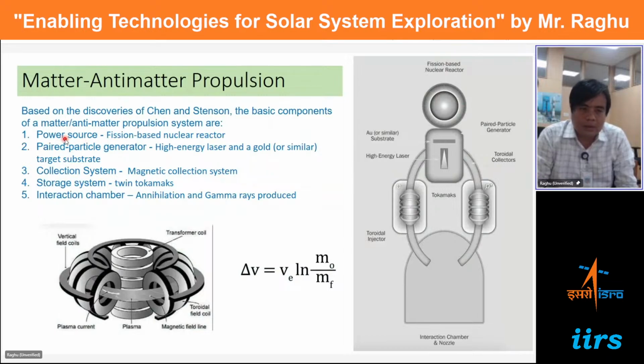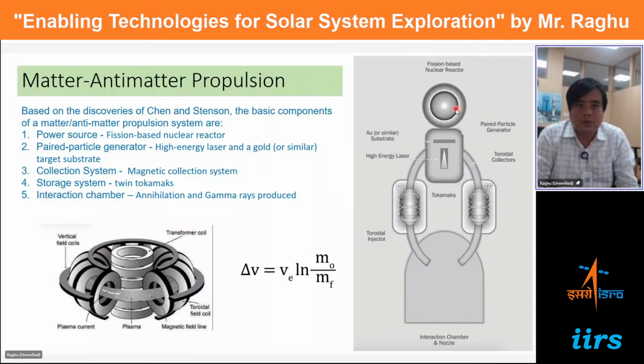One is the power system, because I told you that everything needs power. This power source is proposed to be fission-based nuclear reactors, along with a pair and particle generator. Here, in Hui Shen's discovery, a high energy laser hits a gold kind of target substrate.